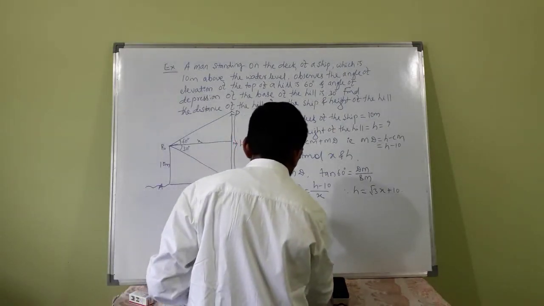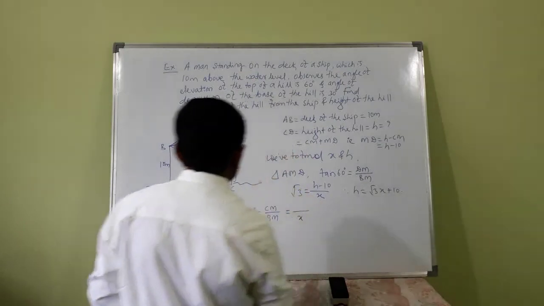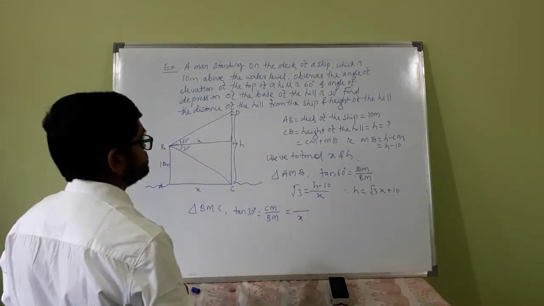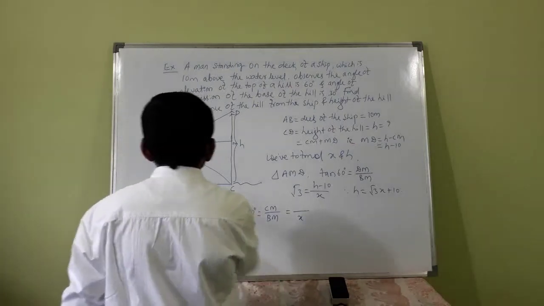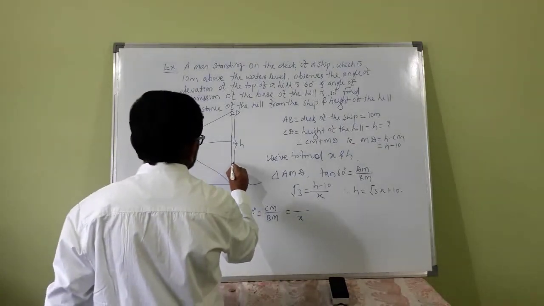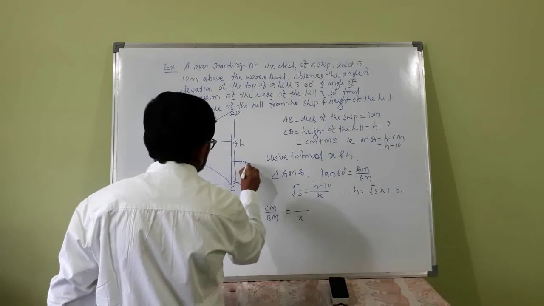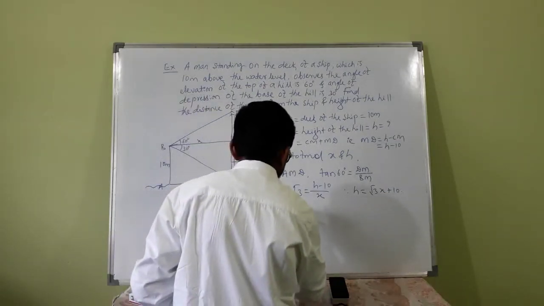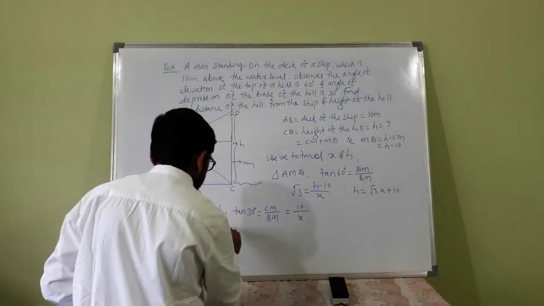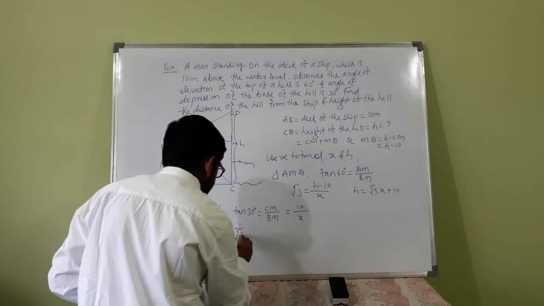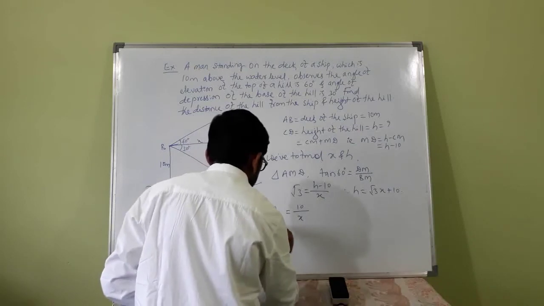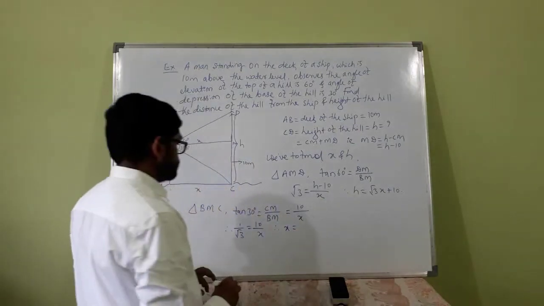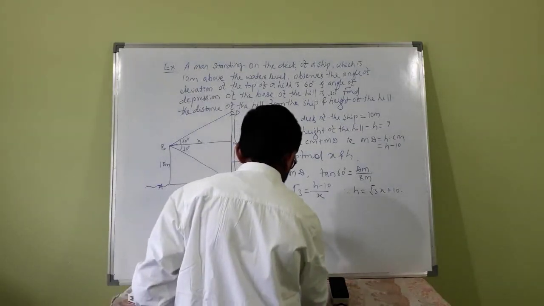BM is X. CM is 10, it is parallel to this. This is 10 meter. Therefore, 1 by root 3 is equal to 10 by x, or x is equal to 10 root 3.